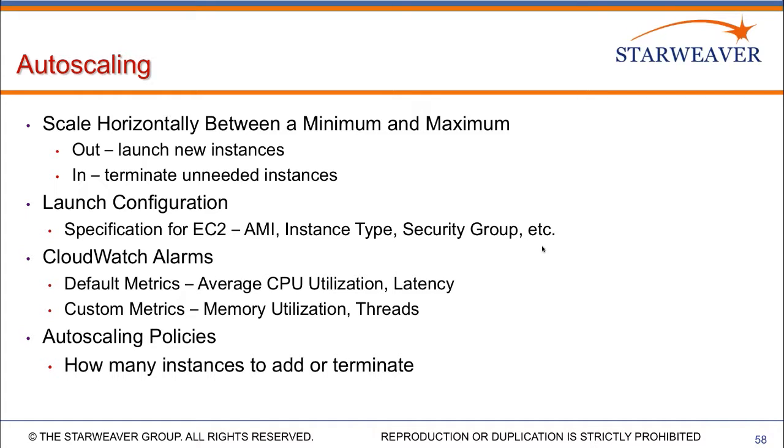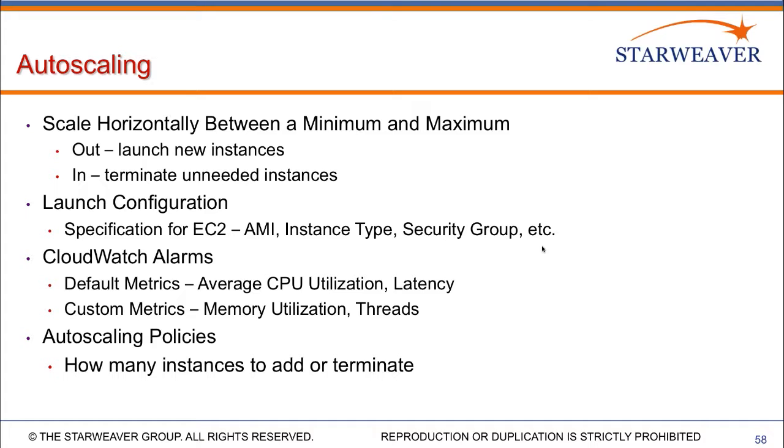Those are up to you. Anyway, you can have those monitored in real time in CloudWatch, and then you could create alarms when the metrics go above predefined thresholds. So for example, I could create an alarm that says if my average CPU utilization for my instances in my auto-scaling group goes above 70%, I think it's time to add another instance.